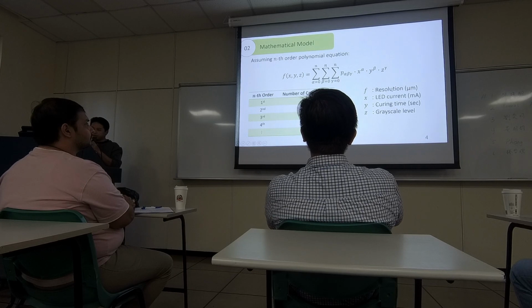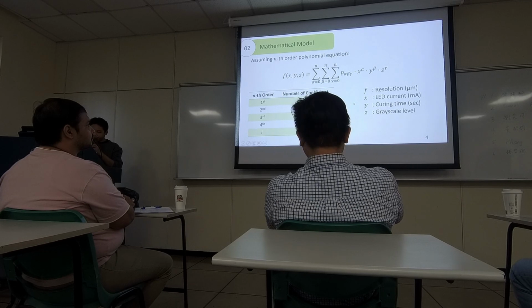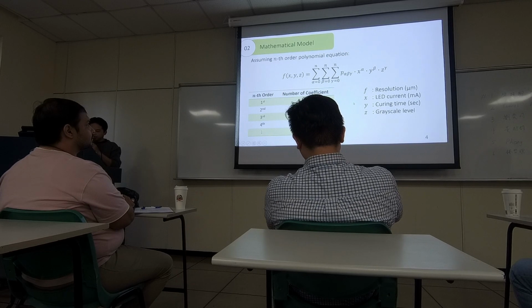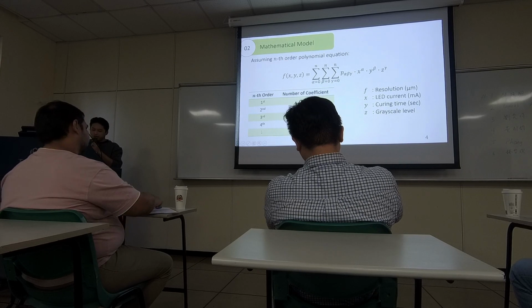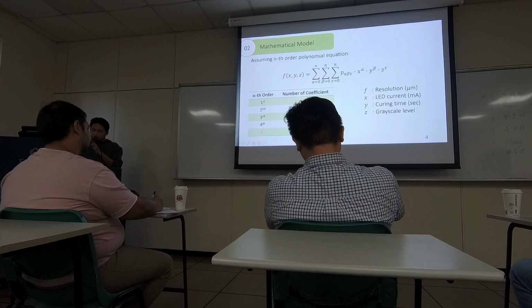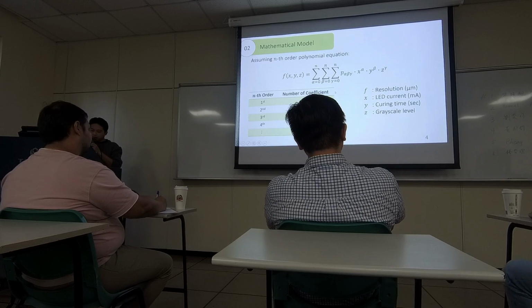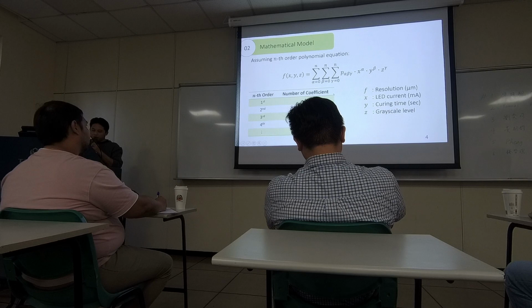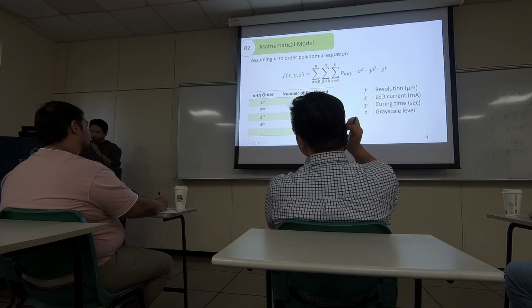F will be the resolution, X the LED current, Y the curing time, and Z the grayscale level. And we try to optimize P, alpha, beta, and gamma, which represent the coefficients of the different orders of the polynomial equation. The polynomial equation has different numbers of coefficients as shown in the table.